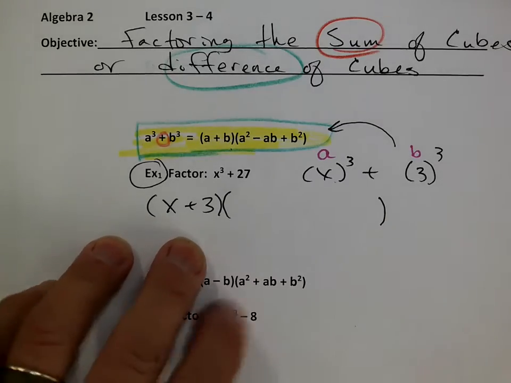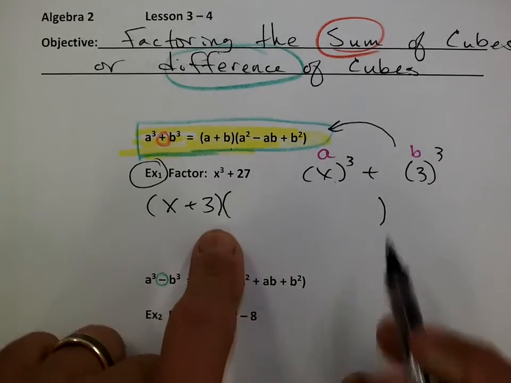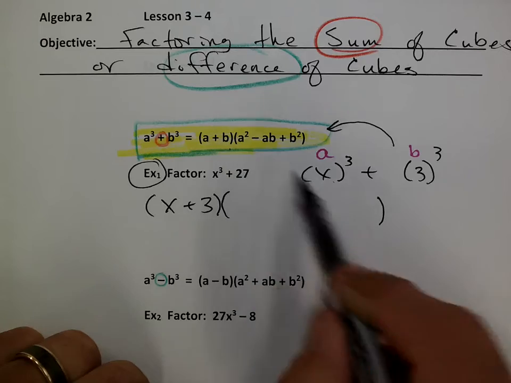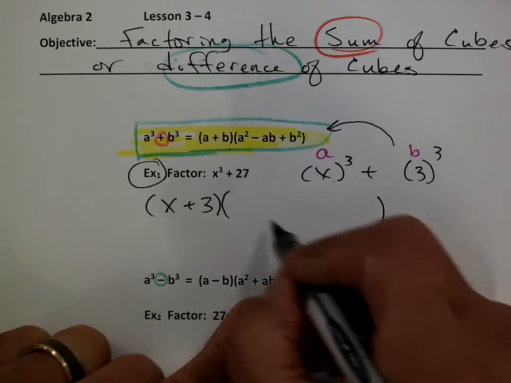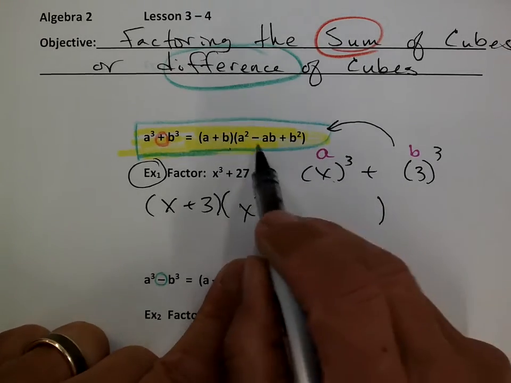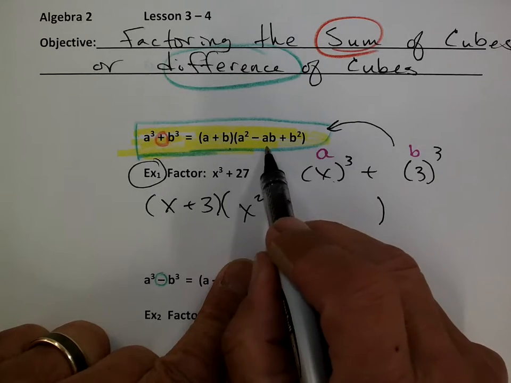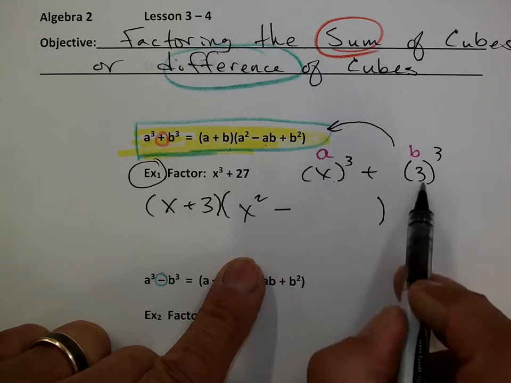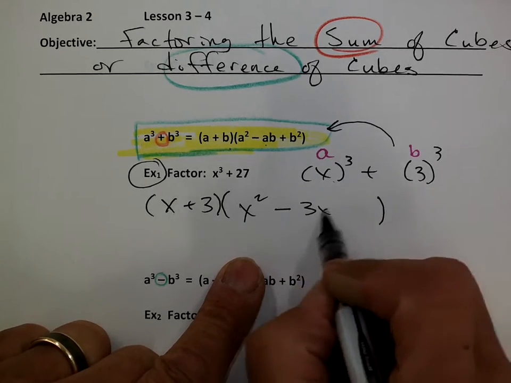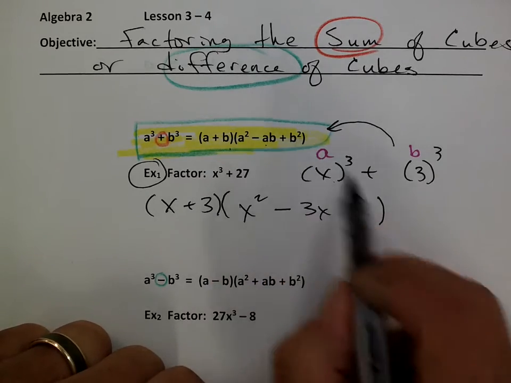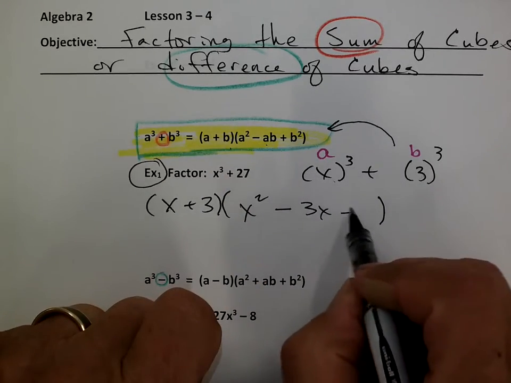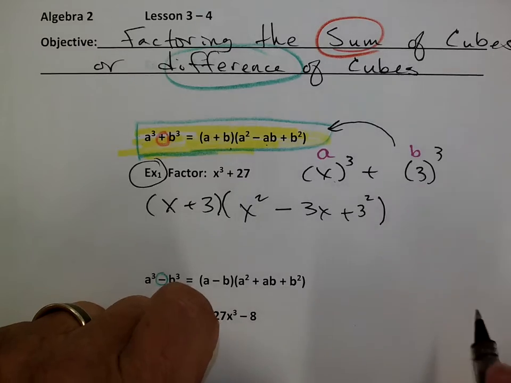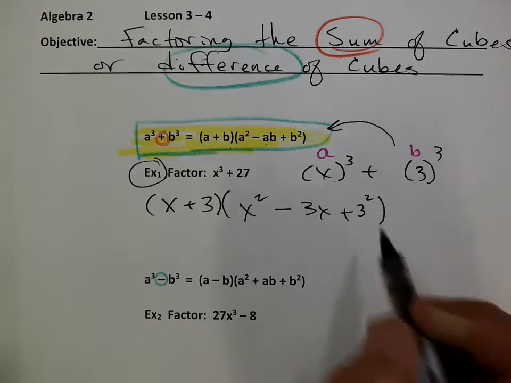This is really easy. We're just plugging numbers into the formula. We need a squared, but x is my a, so I'm going to go x squared. Subtract, that's part of the formula, subtract ab. Now ab is a and b together, which is 3x, plus b squared, plus 3 squared. The only other thing I would do is make that into a 9.